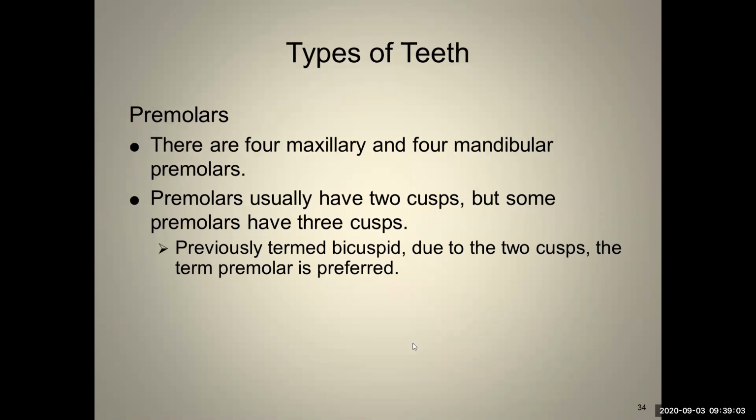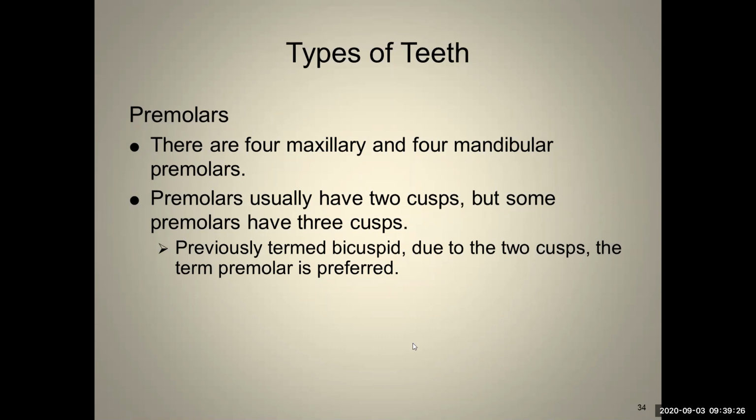Behind the canines, you have premolars. We used to call them bicuspids. We do not call them bicuspids anymore. You have 4 maxillary and 4 mandibular premolars. Premolars usually have 2 cusps, which is why they were called bicuspids, but some premolars have 3 cusps.